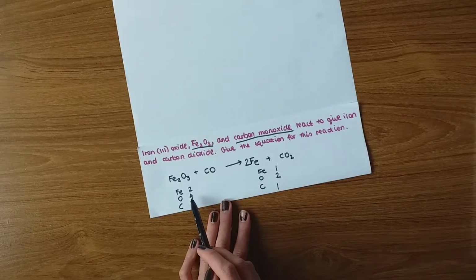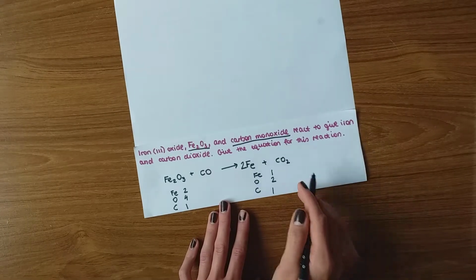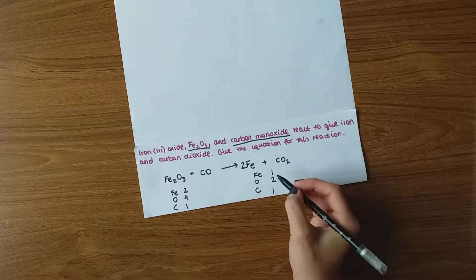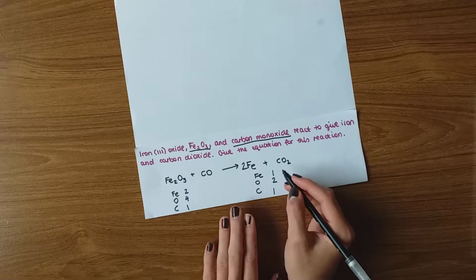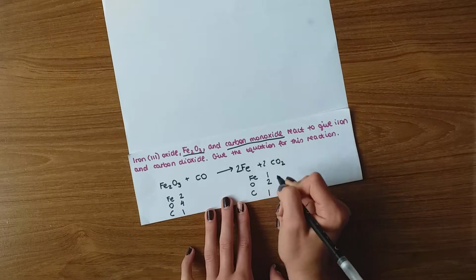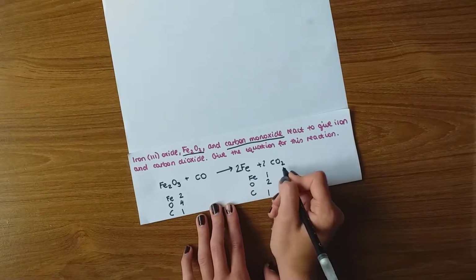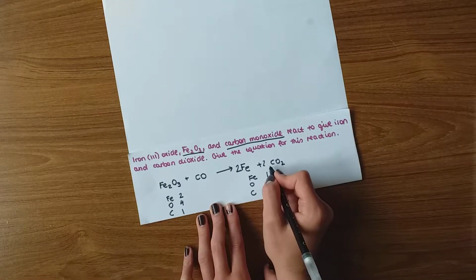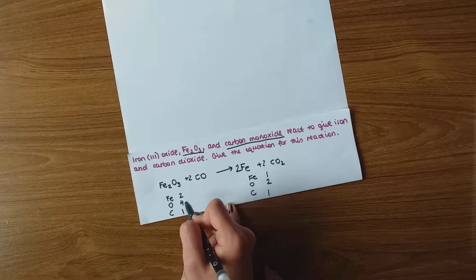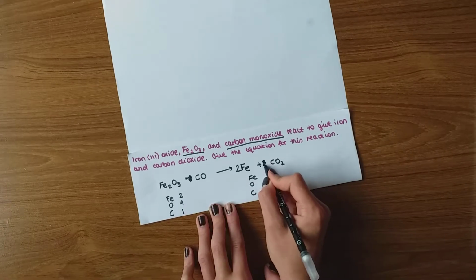Then we've got 4 oxygens on this side and 2 oxygens on this side. So we know that there has to be more oxygens present on this side. We can practice, just write 2, do some scribbles with pencil. Then we've got 4 oxygens on here, but 2 carbons. So if we put 2 there, we've got 2 carbons. But now we've got 5 oxygens, so this is not something that will balance.